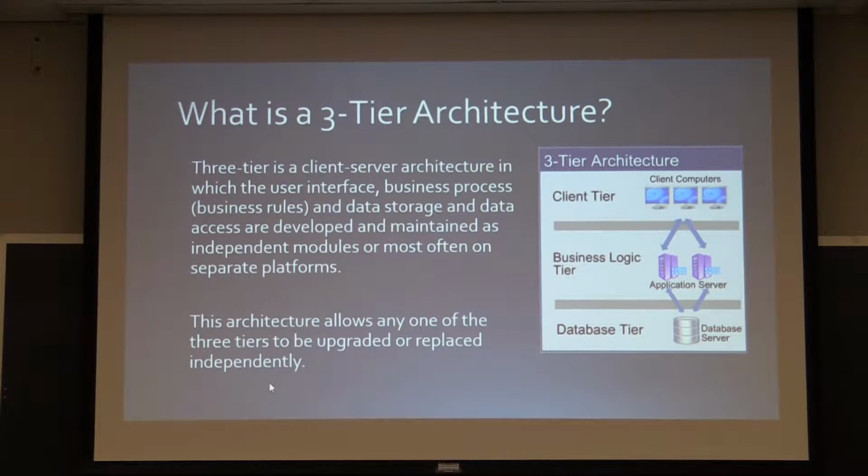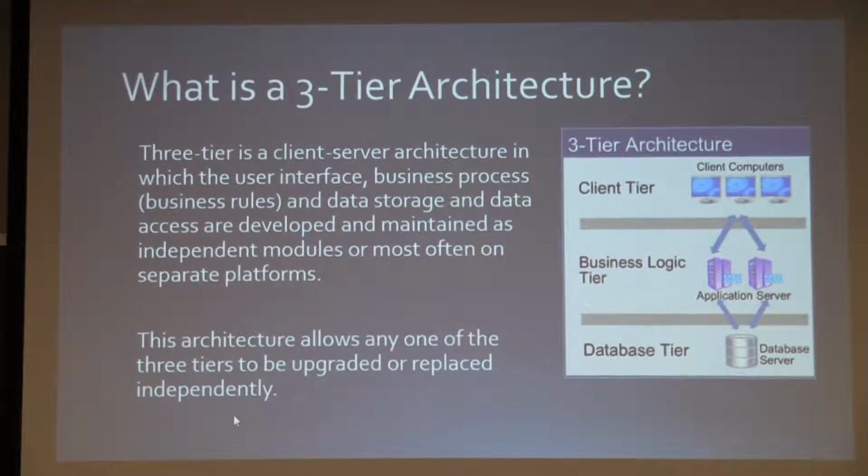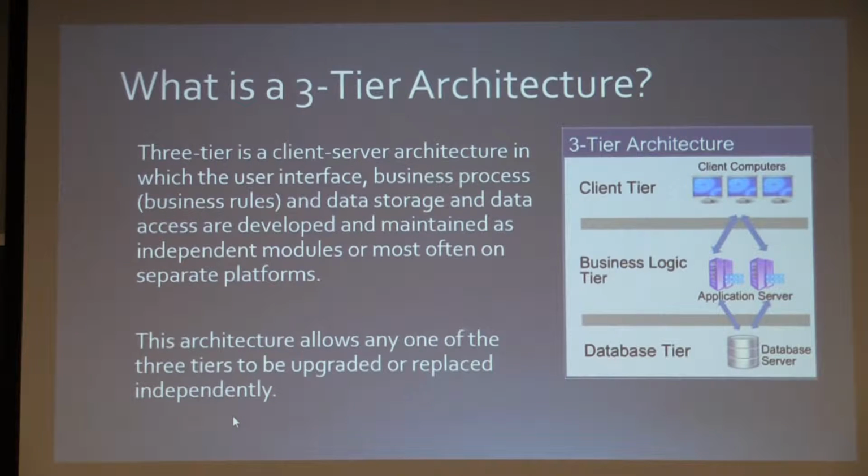Alright. So, the architecture being divided the way it does allows us that if any one of the three tiers needs to be upgraded or replaced, we can do that independently. So we have the client tier, the business logic tier, and then the database tier.